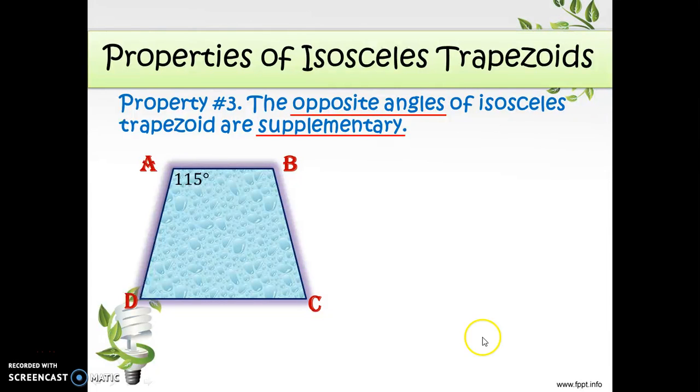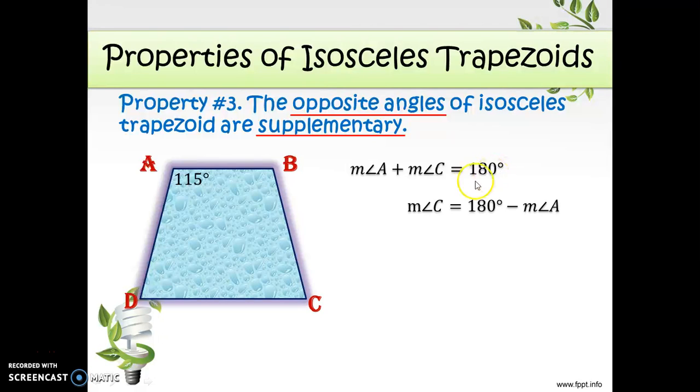For example, let's say the measure of angle A is 115 degrees. How can we know the other angles here? Now, since the opposite angles are supplementary, we can say that the measure of angle A plus the measure of angle C is equal to 180 degrees.